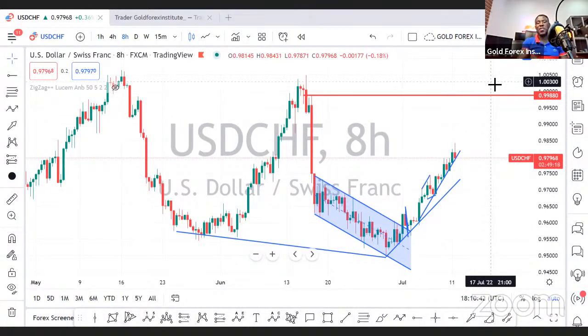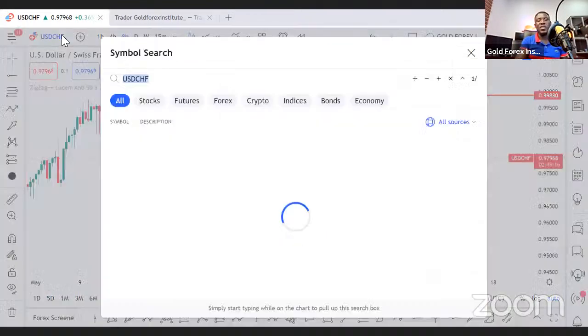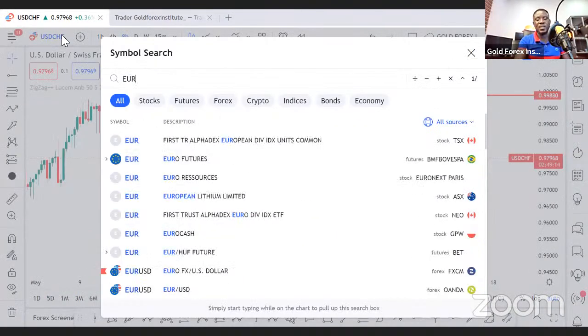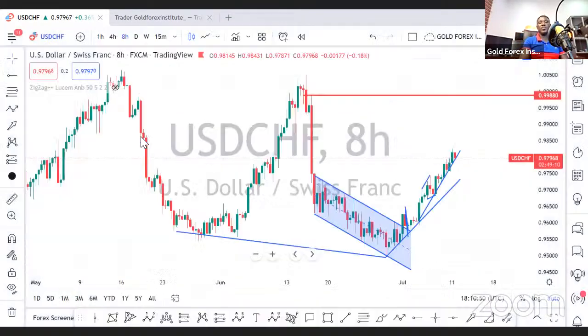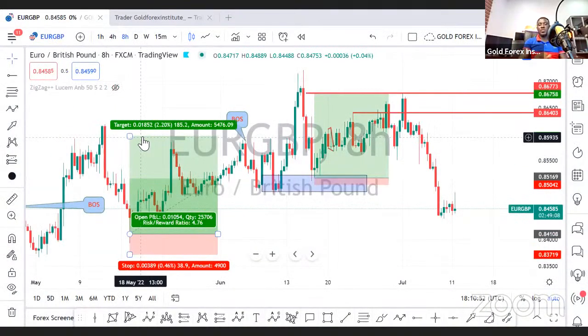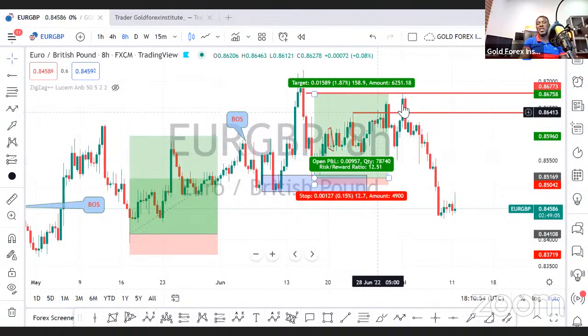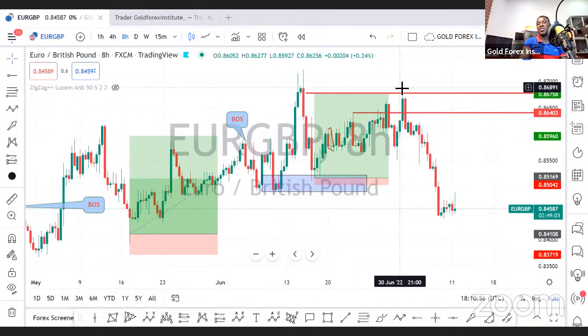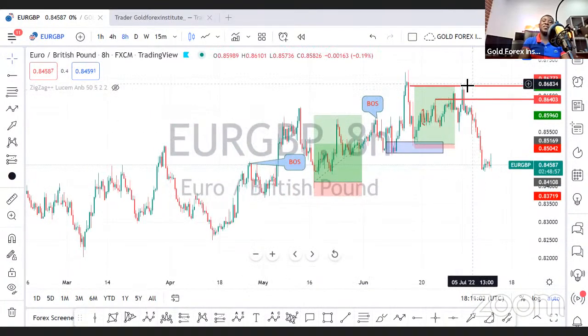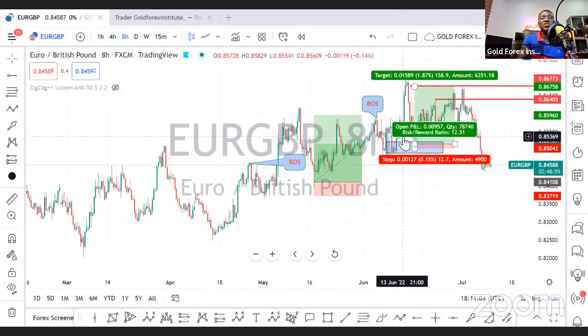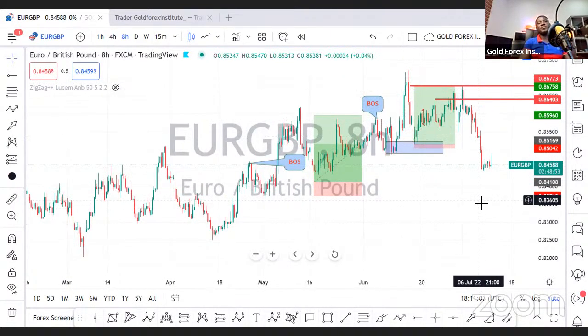Euro pound. I don't like checking that pair, but let's see. Okay, so you see, we were expecting it to hit our level. Euro pound hit our level. Wow. Hit our level. This was straight smart money.